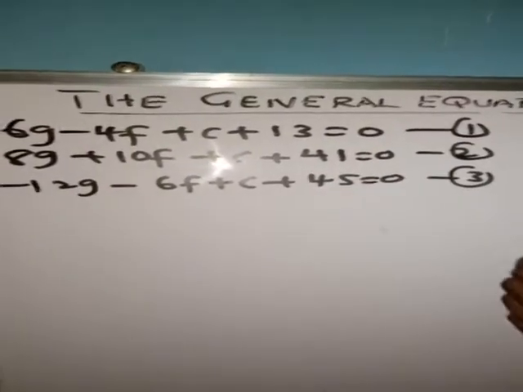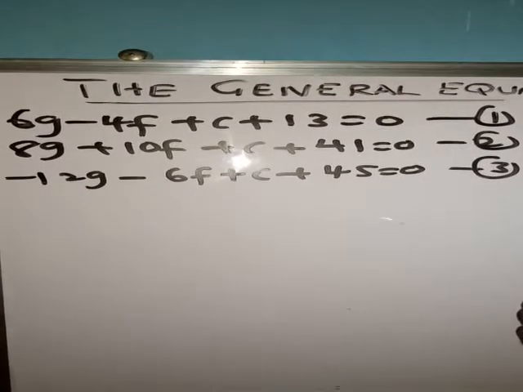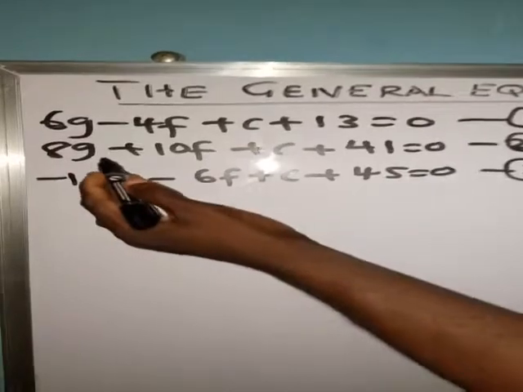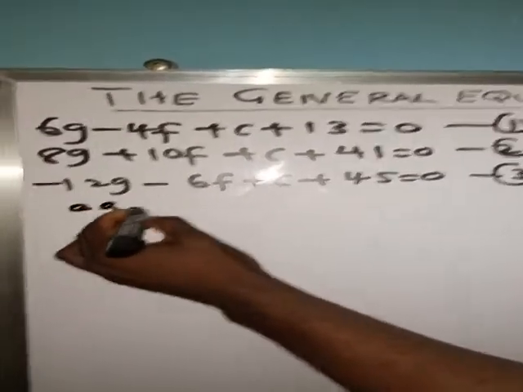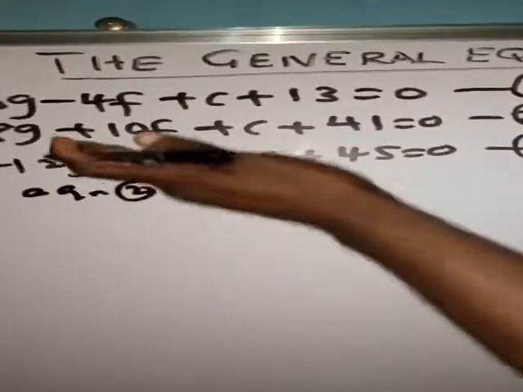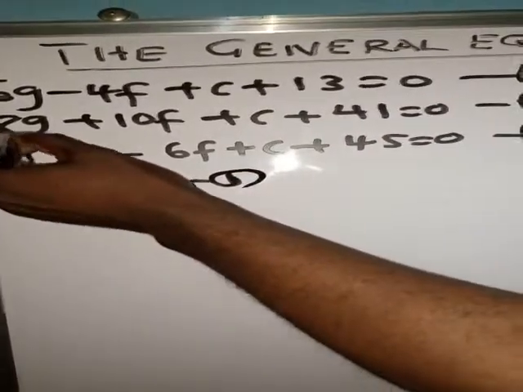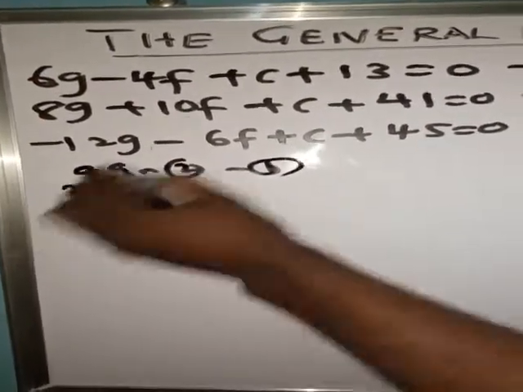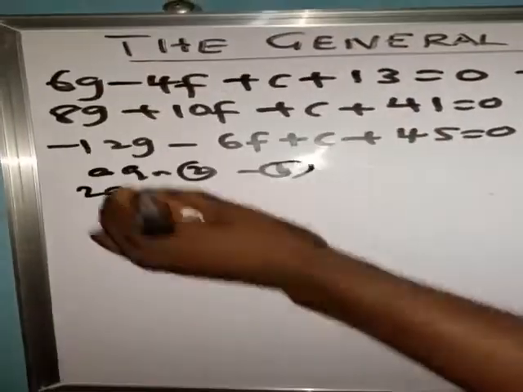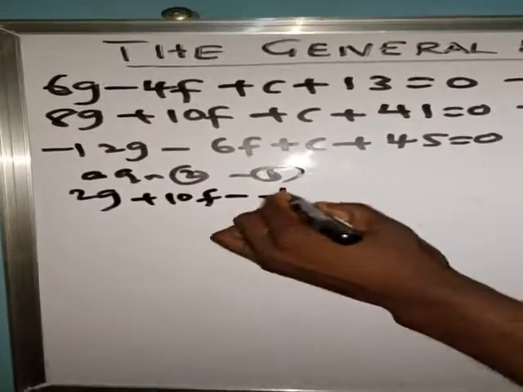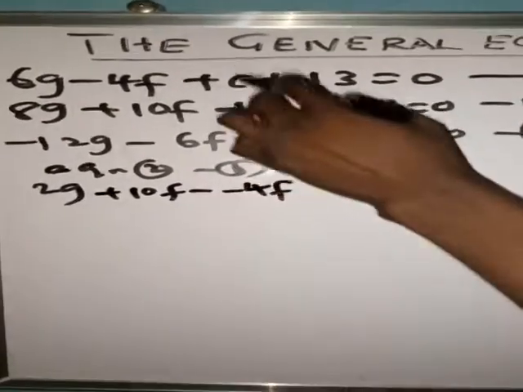Now we have three simultaneous equations like when we did in example 3. So now I'm going to decide what I want to do. Now let's say equation 2 minus 1. When I subtract that, I'll be able to eliminate c. So equation 2, 8g minus 6g is 2g. 10f minus, that is plus 10f minus, this is minus 4f. Then c minus c is 0.